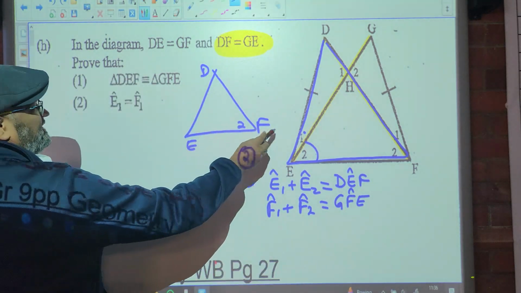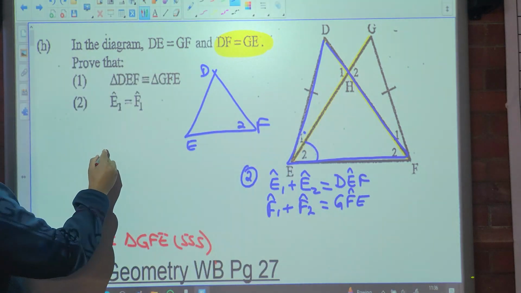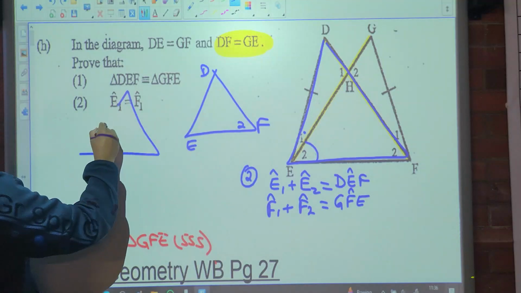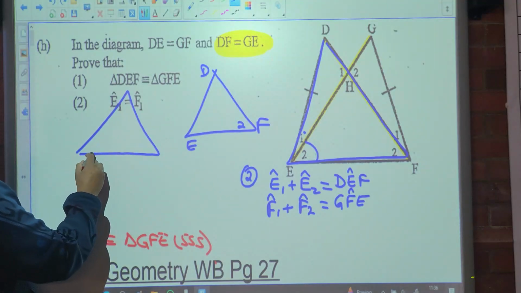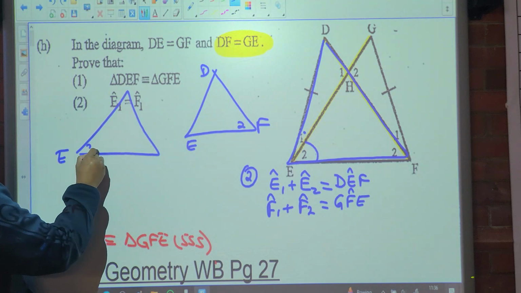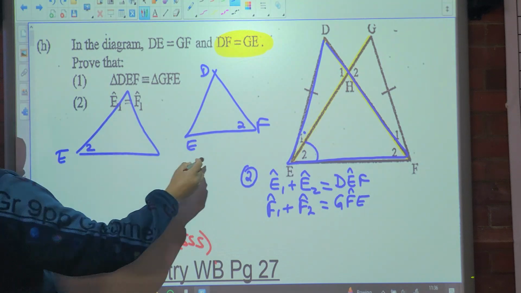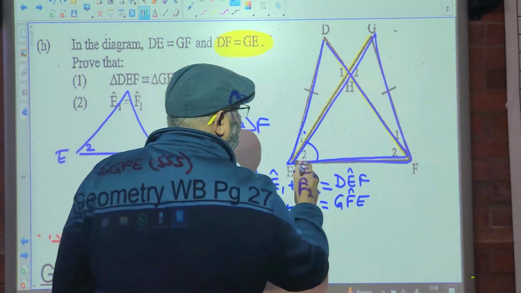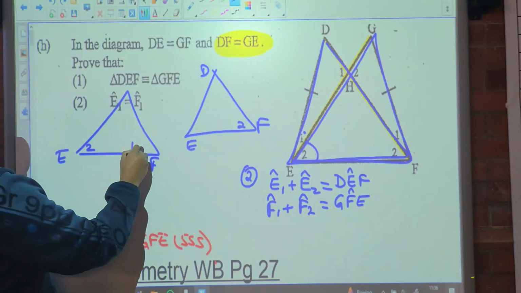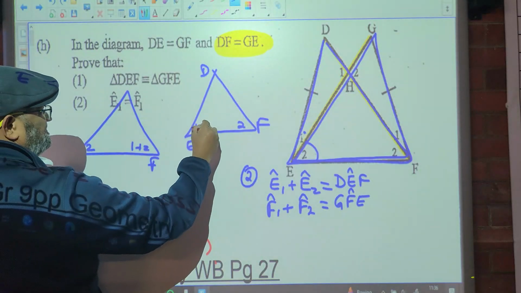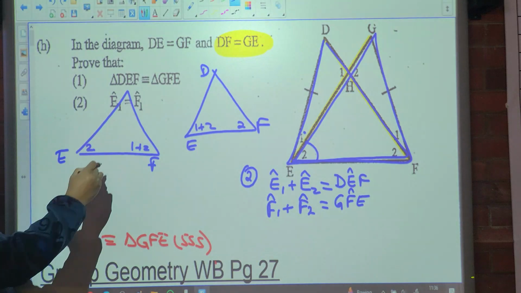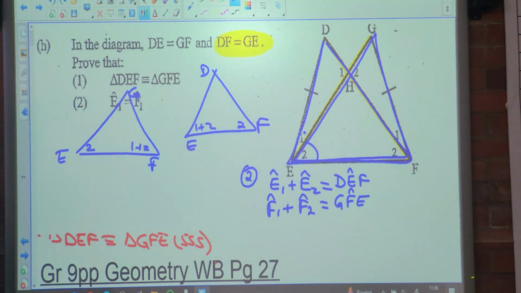And then we are in the other triangle, we got E2 here. And then for this triangle now here, this angle F is made up of F1 and F2. Okay, for those of you who can't see it. You all okay with that?